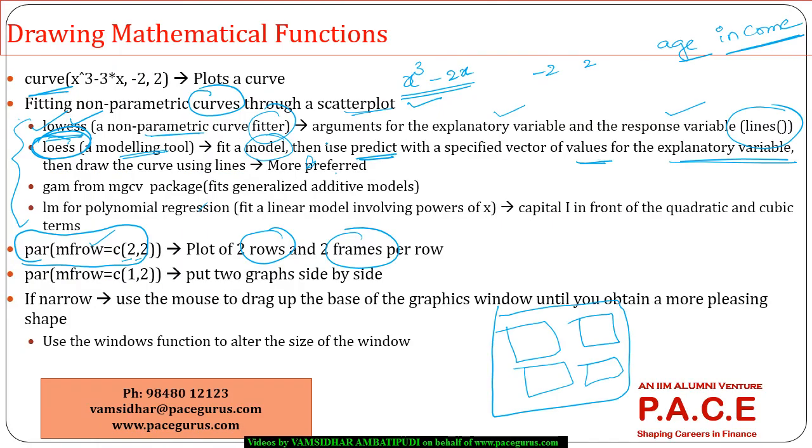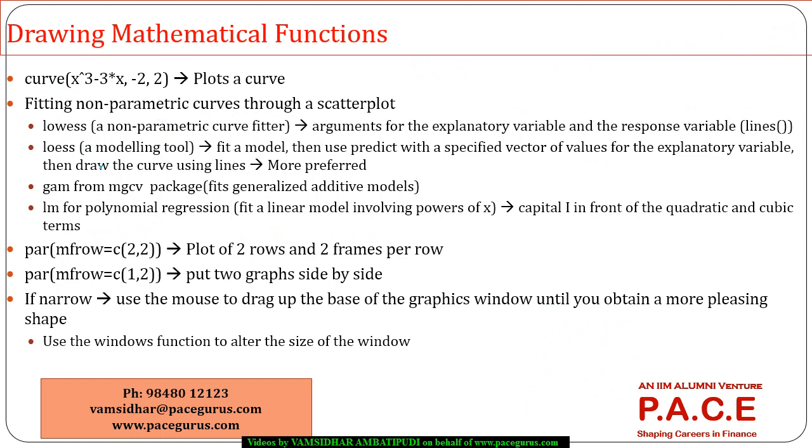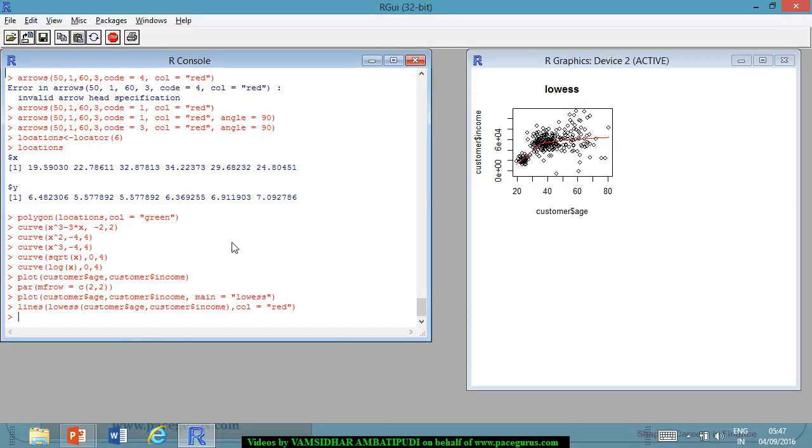Similarly, I will try to assess the loess curve, which is a modeling tool. A loess model is created based on my dependent variable and the independent variable. After that, for different values of my explanatory variable, I'll predict the values of my response variable, and that is what I do with the lines function.